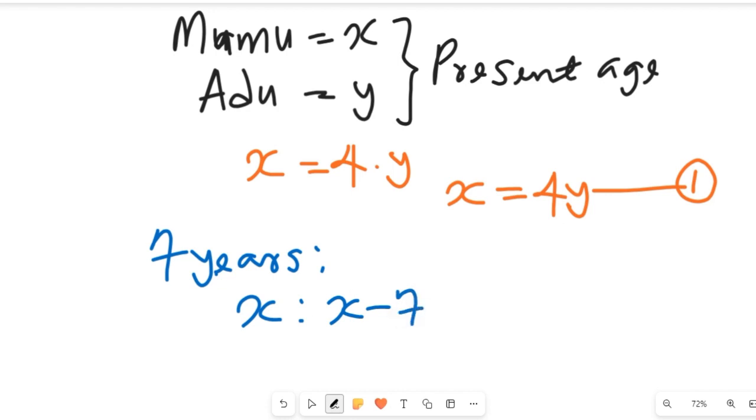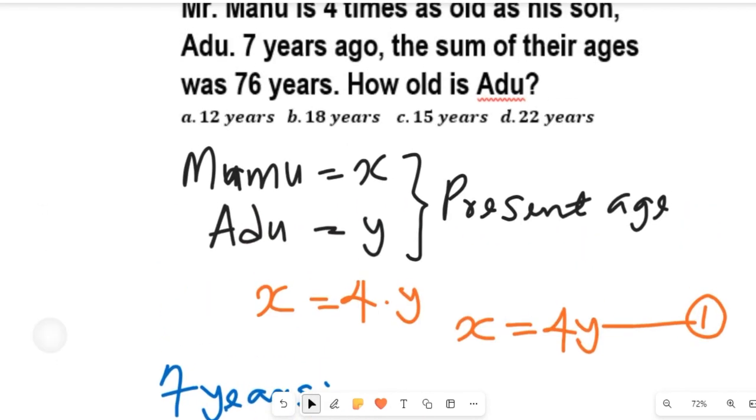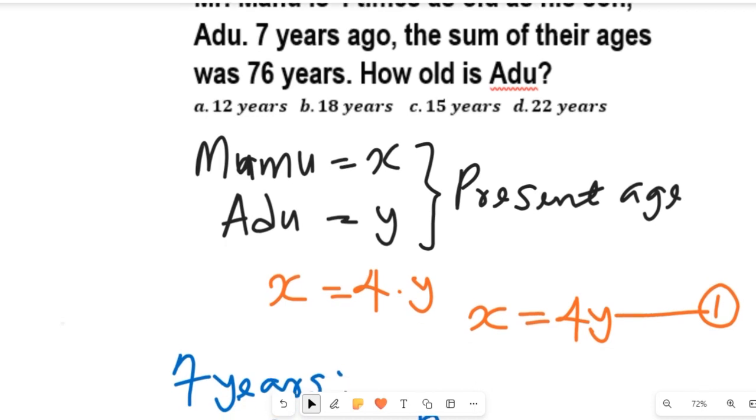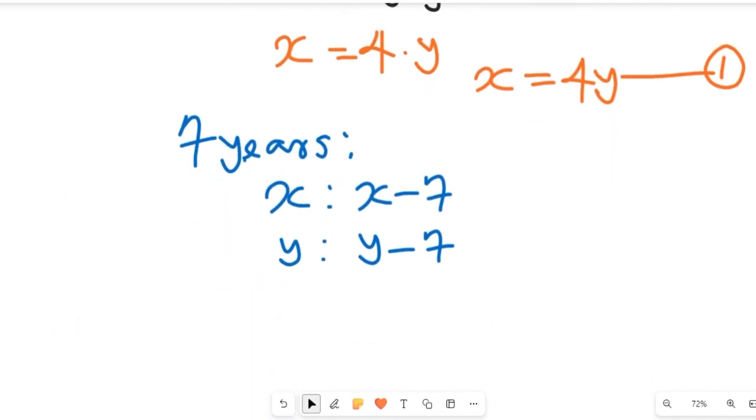And Audu's age 7 years ago is going to be Y minus 7.